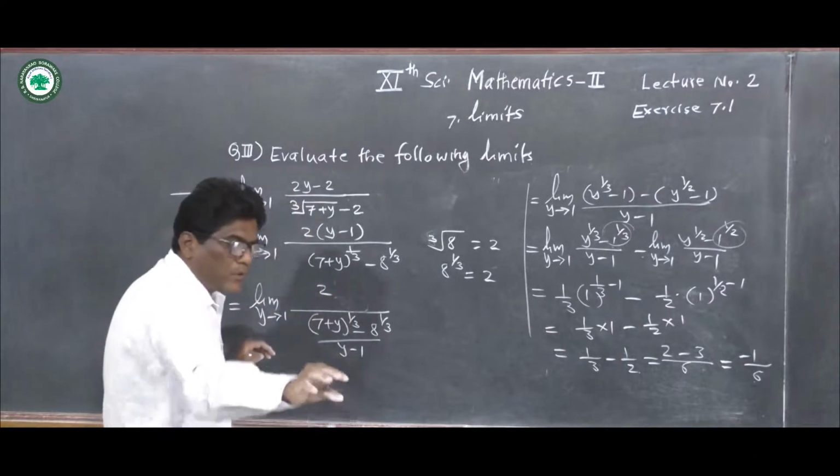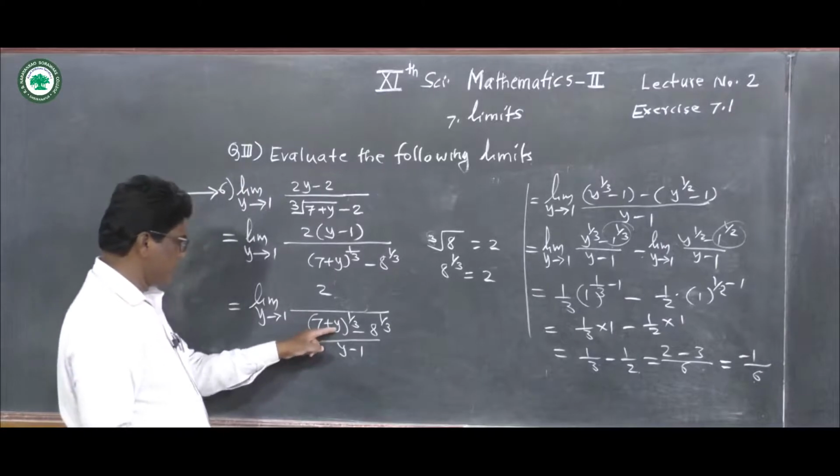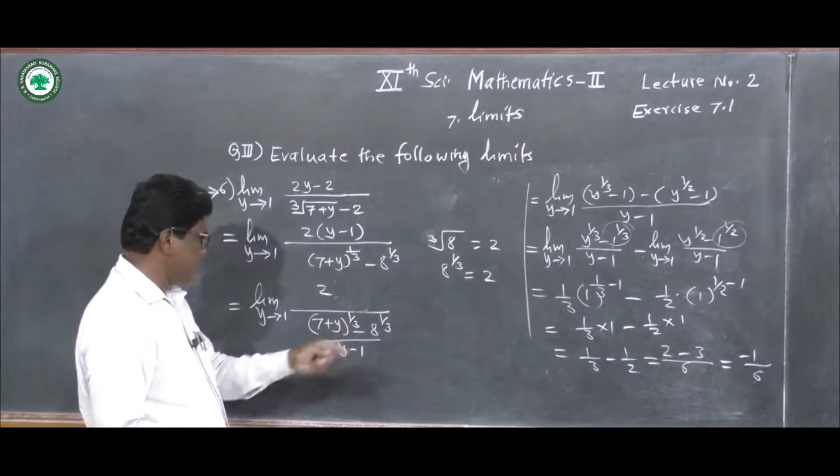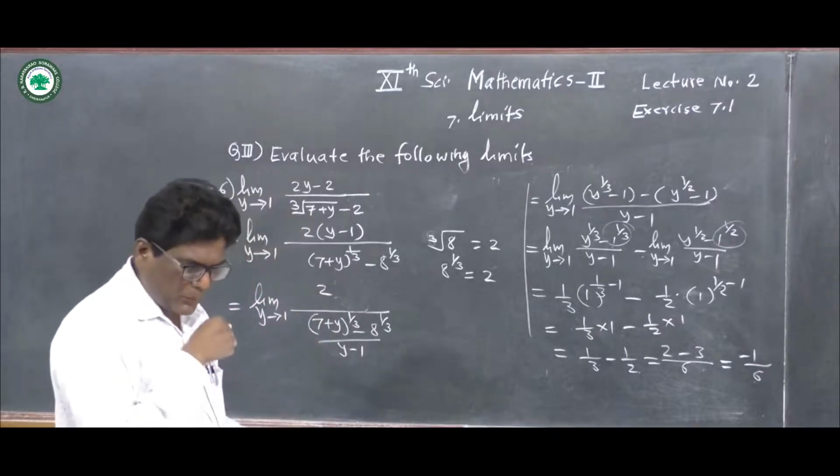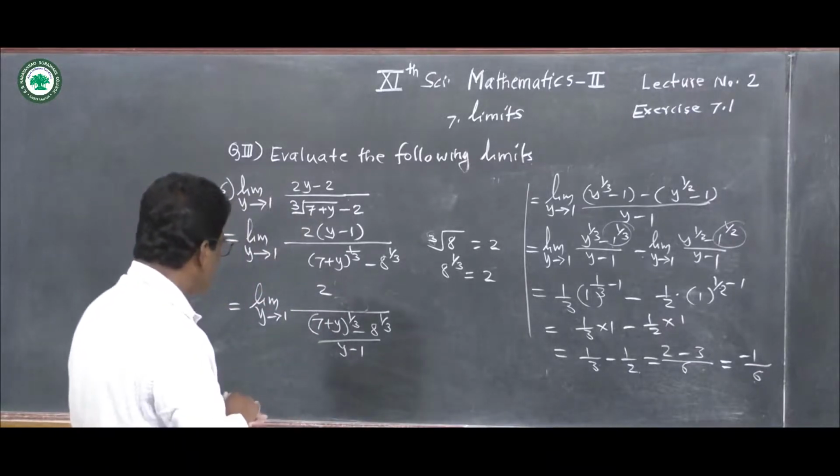So 2 upon 7 plus y to the power 1 by 3 minus 8 to the power 1 by 3 divided by y minus 1.